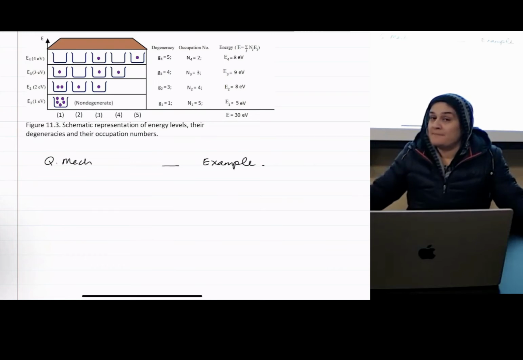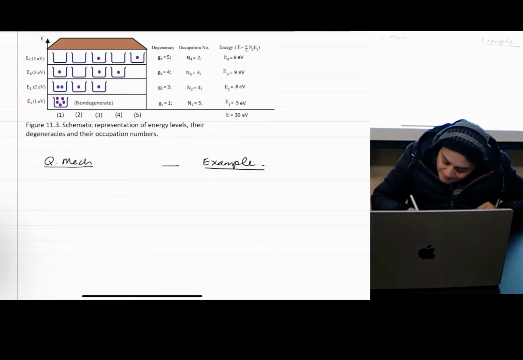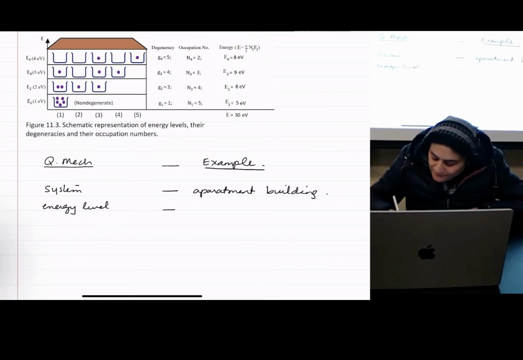So the word system means the apartment building. The energy level is the floor. Each floor, right?